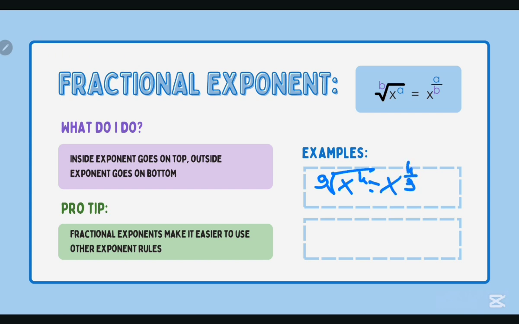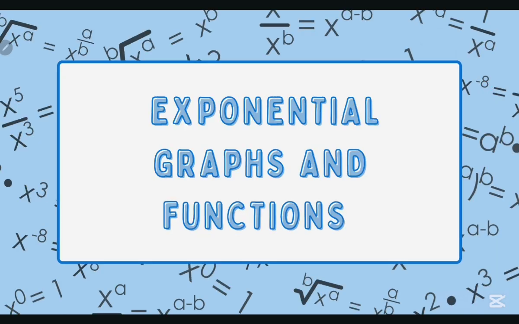Or with the other example, the square root of x equals, there is 1 and this is 2. We can write it as x to the power of 1 over 2. This rule was the last rule. Let's continue with the exponential graphs and functions.